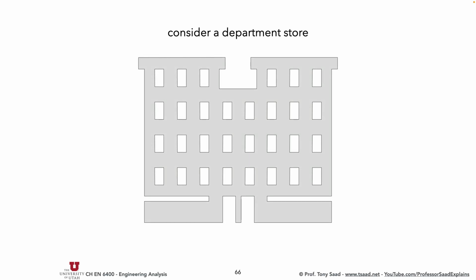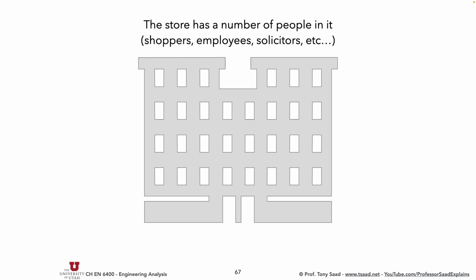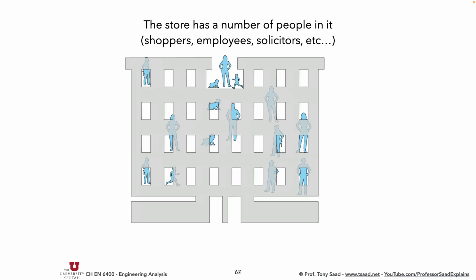So the way I explain this is, consider a department store that looks like this. And the store has a number of people in it, your shoppers, employees, solicitors, etc. And there's just like a bunch of people in there, a bunch of kids running around, crawling everywhere and doing their thing and screaming, etc. But there's people in the department store, they're walking around.